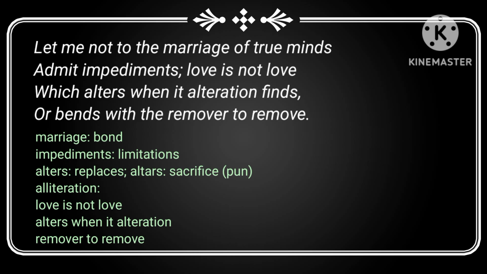Alters means changes. So love cannot be true if it changes when it alteration finds. That is, if someone finds an alteration, a replacement, and it changes their love for one another, then that love had never been true, had never been loyal.